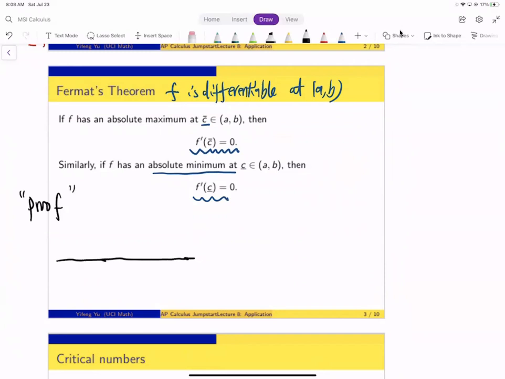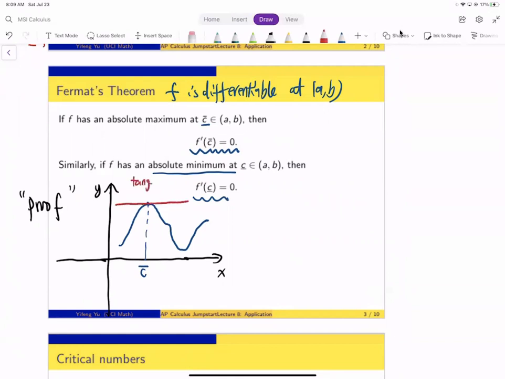Let's look at the picture. We assume the function is differentiable. This is x and this is y. The function attains a maximum at some point, this is c bar. If it attains the maximum, then if you look at the tangent line, it has to be horizontal.